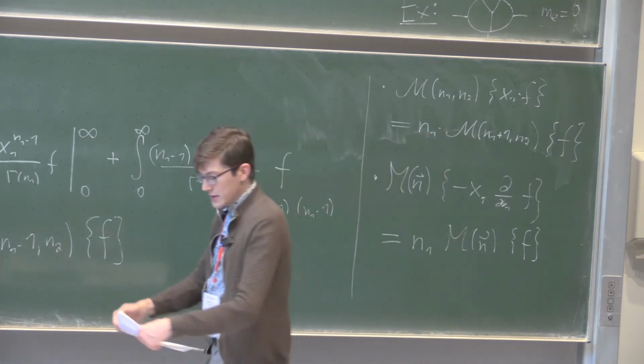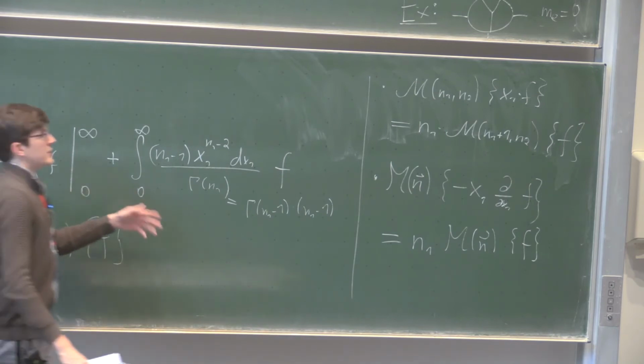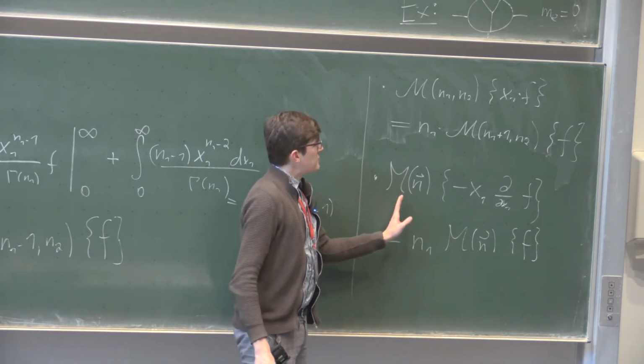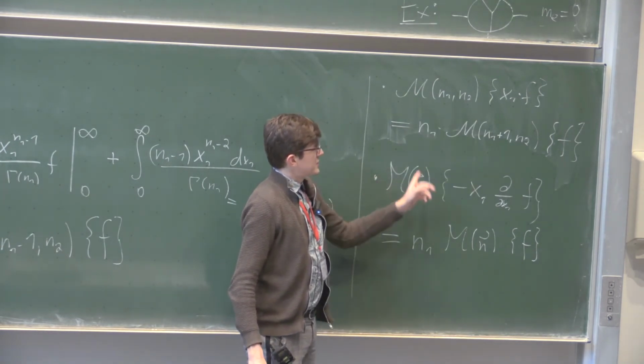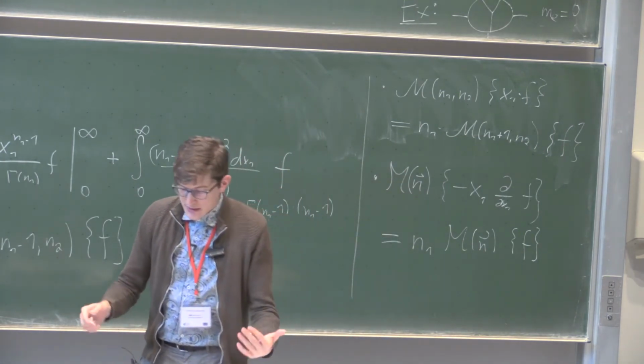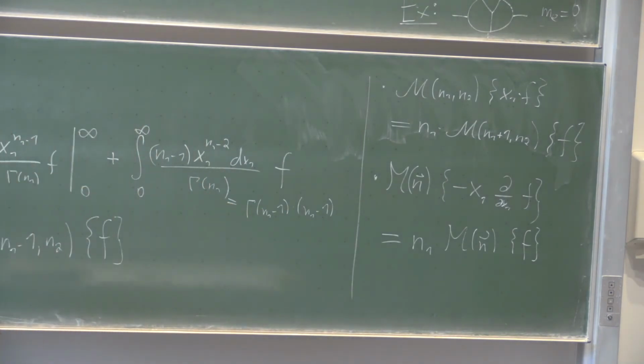So this is very simple algebra, but what it tells you is that if you act with any differential operator on the integrand of a Mellin transform, you can translate this by integration by parts into a difference equation, so into an equation of the Mellin transform and shifts of its argument by plus or minus integers. This is exactly what the Mellin transform does. It translates differential equations to difference equations. Which means that any differential equation you can write down for the integrand gives you a difference equation for the Feynman integral.